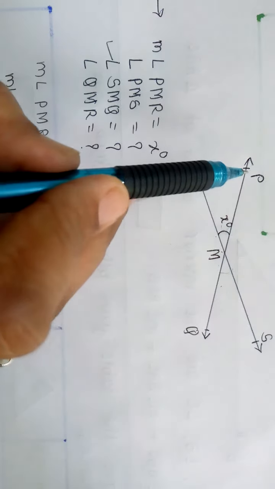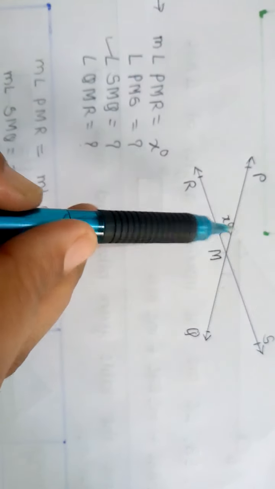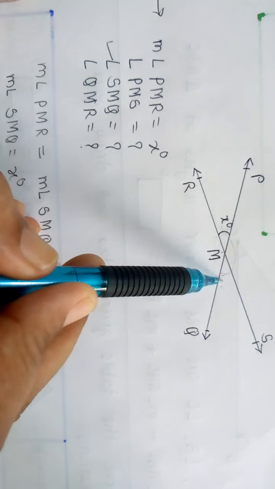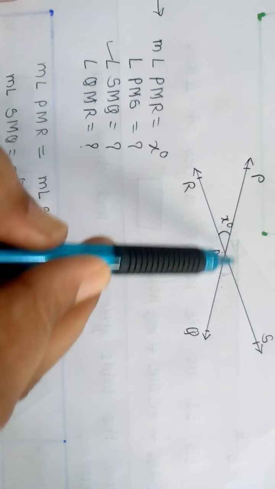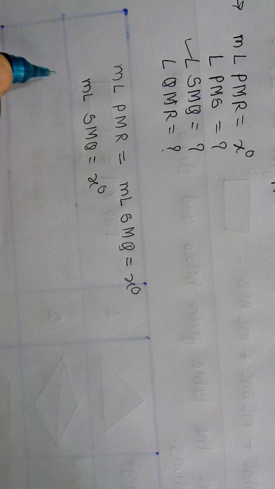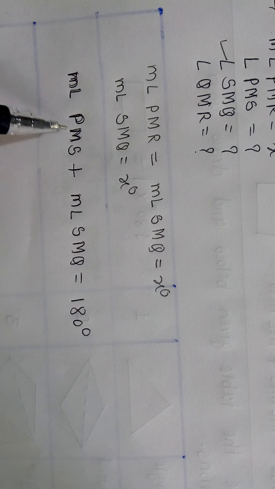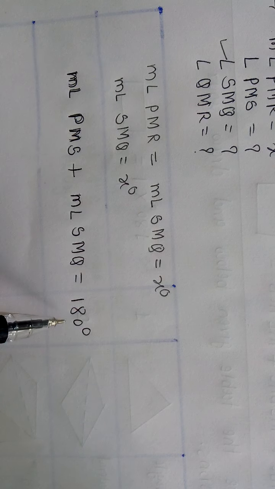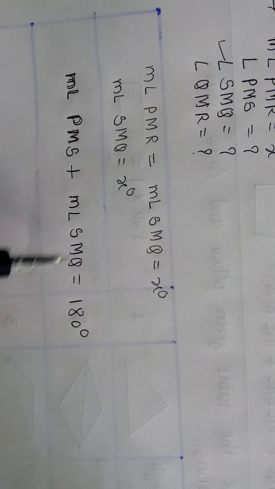Now we will find out this angle PMS. You know very well this PMS and SMQ, these two are linear pair angles. Means the addition of the measurements of these both angles is 180 degrees. So here we can write measure of angle PMS plus measure of angle SMQ is equal to 180 degrees. And we know SMQ is x degrees, so we can put that value here.